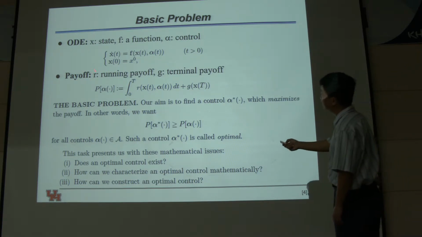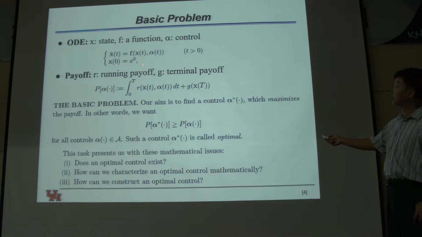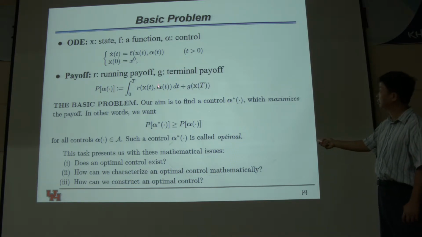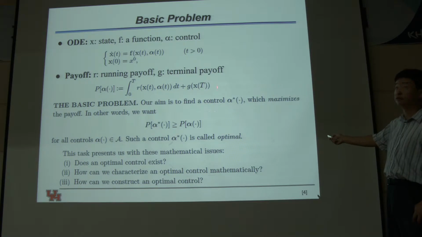Then you have this kind of ODE, and the question is how you could choose your control such that the cost function from 0 to T is optimized. This is the cost over time, and you also have a final cost.